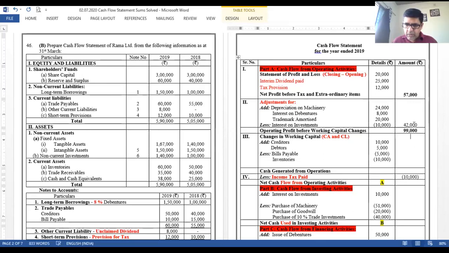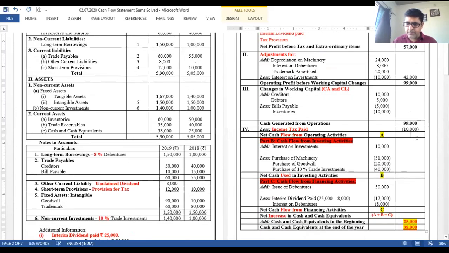Now again the changes in the working capital, please do the calculations. Sir, zero. Zero, right? So cash generated will be 99,000. 99 minus 10, sir, 89,000. 89,000 is the amount from operating activity. It's positive. That's why cash flow can be seen over there.